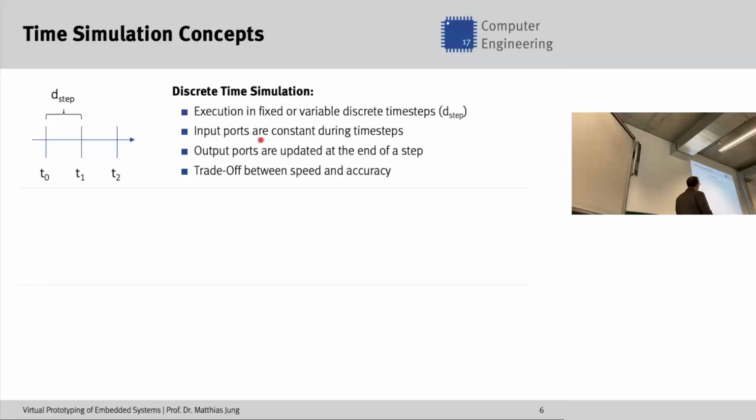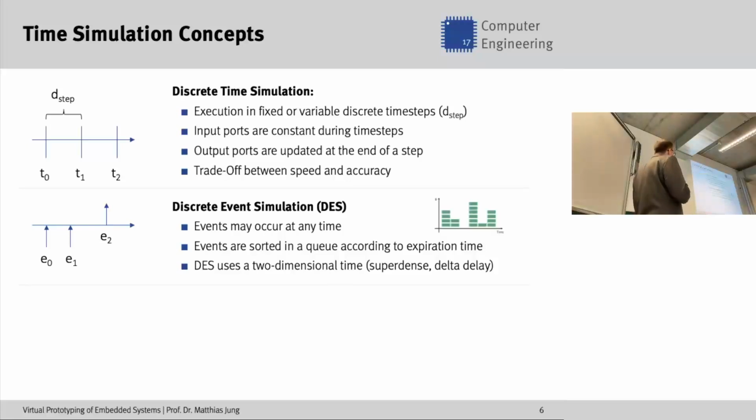Input ports of the model are constant during a time step, and the output ports are updated at the end of a time step. And this is a trade-off between speed and accuracy, and we will talk about this a lot. So we always trade off speed versus accuracy. If you want a fast simulation, then usually the accuracy goes down, and if we want a very accurate simulation, then the speed will go down.